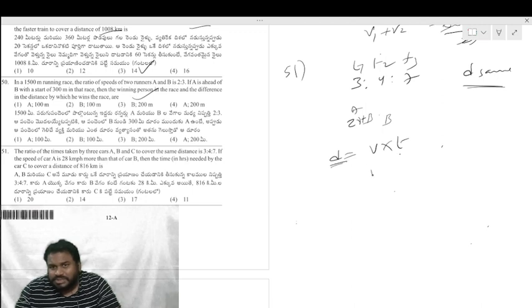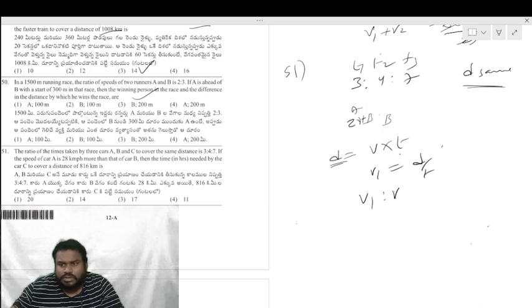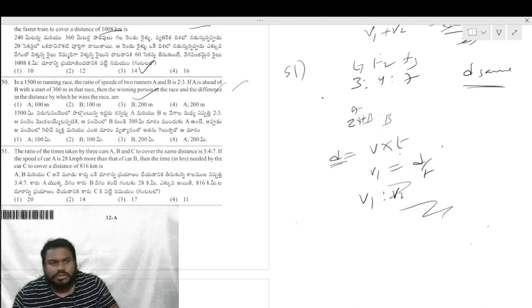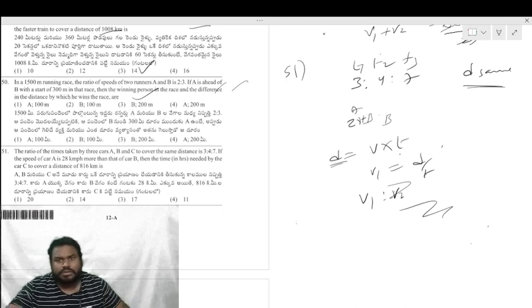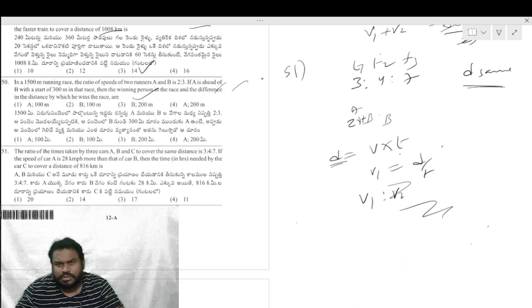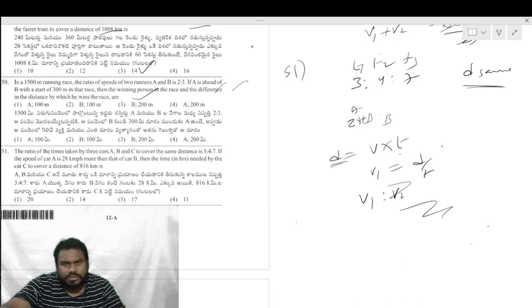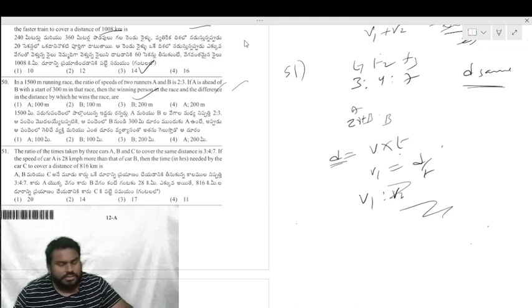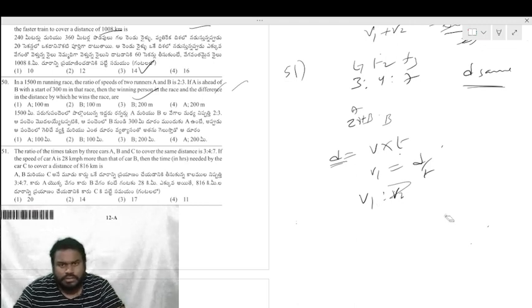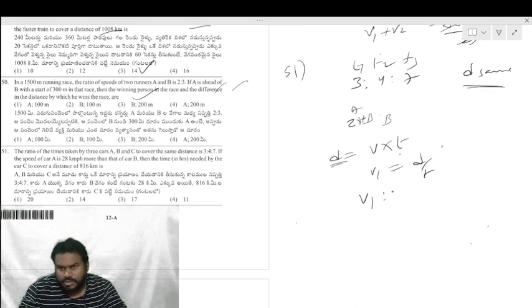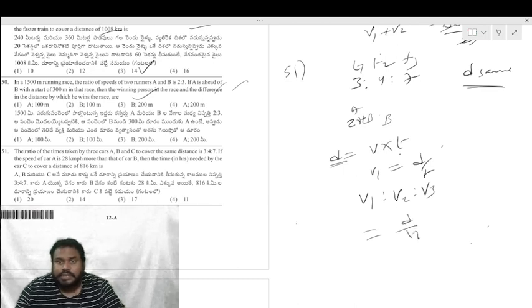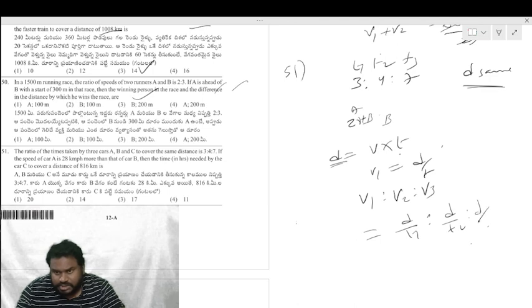Times are different, this D is the same, then V equals D by T. So V1 is to V2 is to V3 becomes D by T1 is to D by T2 is to D by T3.